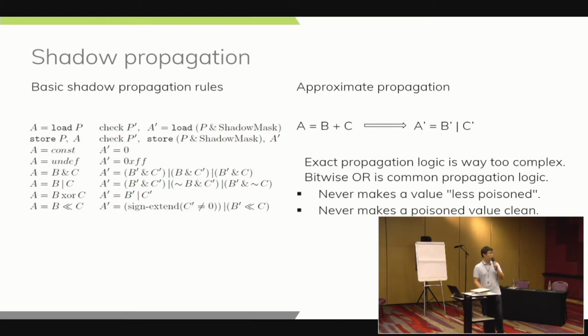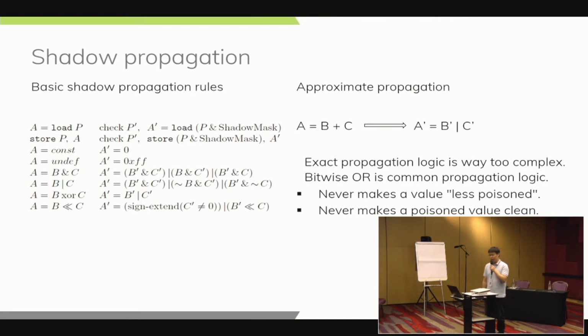Take integer addition, for example. The uninitialized bits in a lower digit can affect any number of bits of the result due to the possible carryover. So it is difficult to model integer addition behavior.